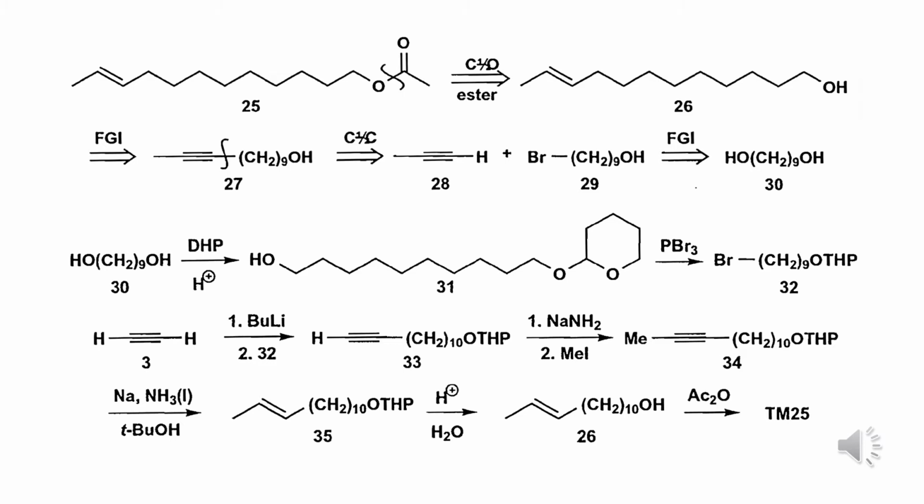Reduction and deprotection gave the E isomer of the alcohol, structure 26, and acetylation gave the pheromone, our target molecule, structure 25.